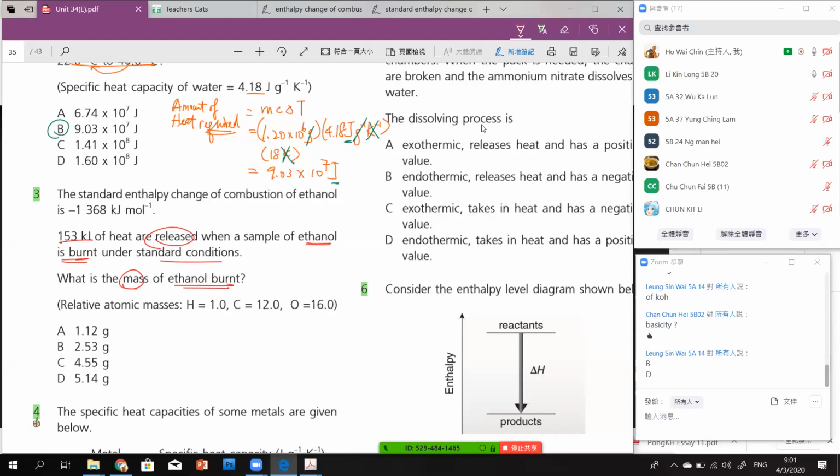When compared with this and this, the data is just less. So how many times less? Is it just 1 mole? No, so you are going to come up with the number of moles. The first thing is you are going to find out the number of moles of ethanol burned.